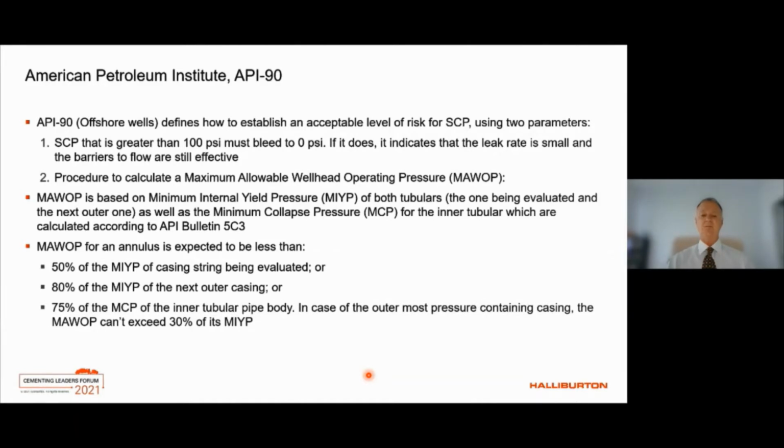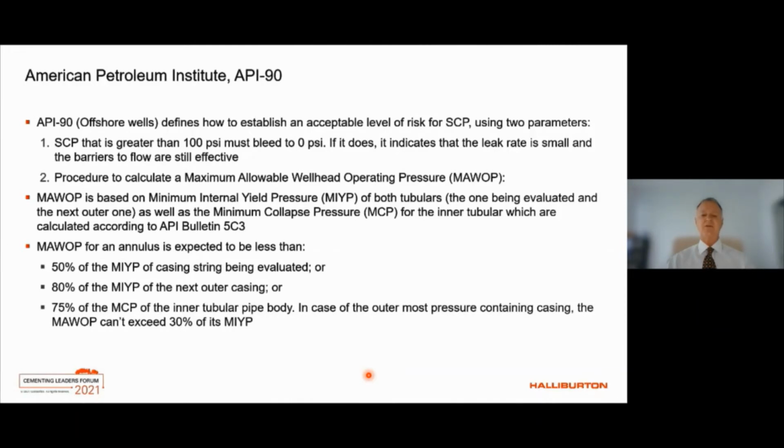The maximum allowable wellhead operating pressure for an annulus is expected to be less than 50% of the minimum internal yield pressure of the casing string being evaluated, or 80% of the minimum internal yield pressure of the next outer casing, or 75% of the minimum collapse pressure of the inner tubular pipe body.